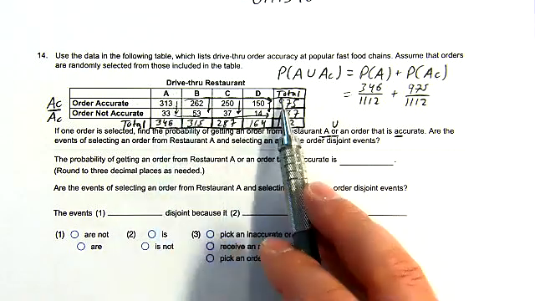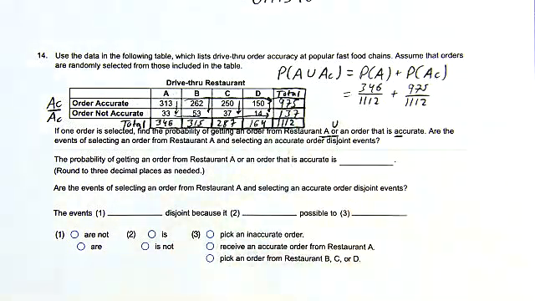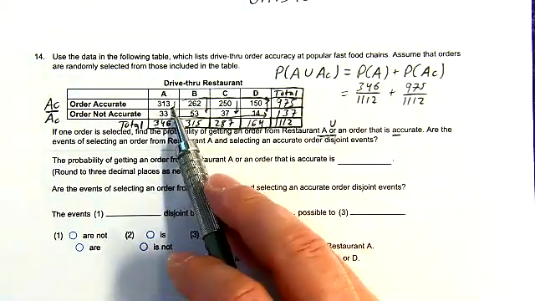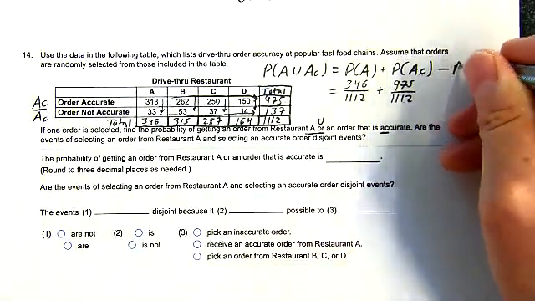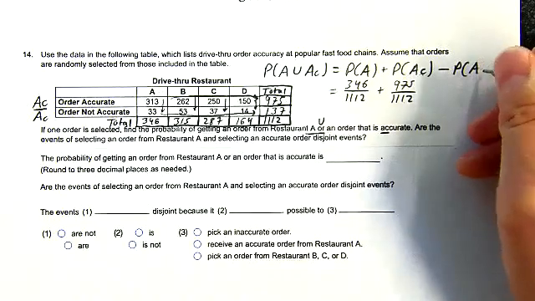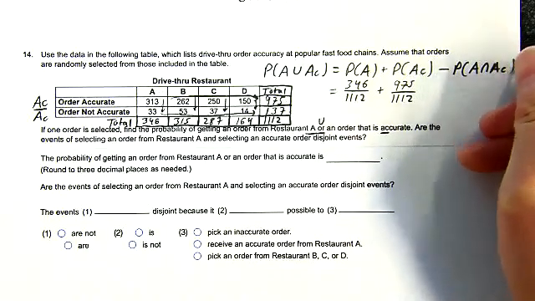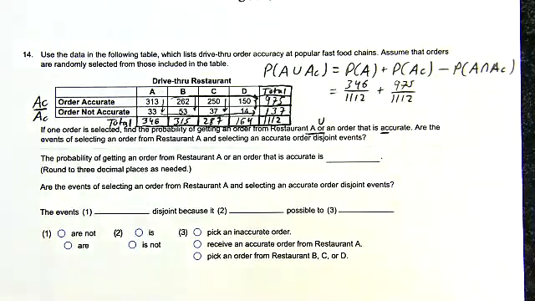And we counted it in this number, yes. That's a problem. So we just counted this number twice, and so we have to account for that. And so we subtract the intersection of A and accurate. So we counted it twice, so let's subtract one copy of it, and then we'll be okay.